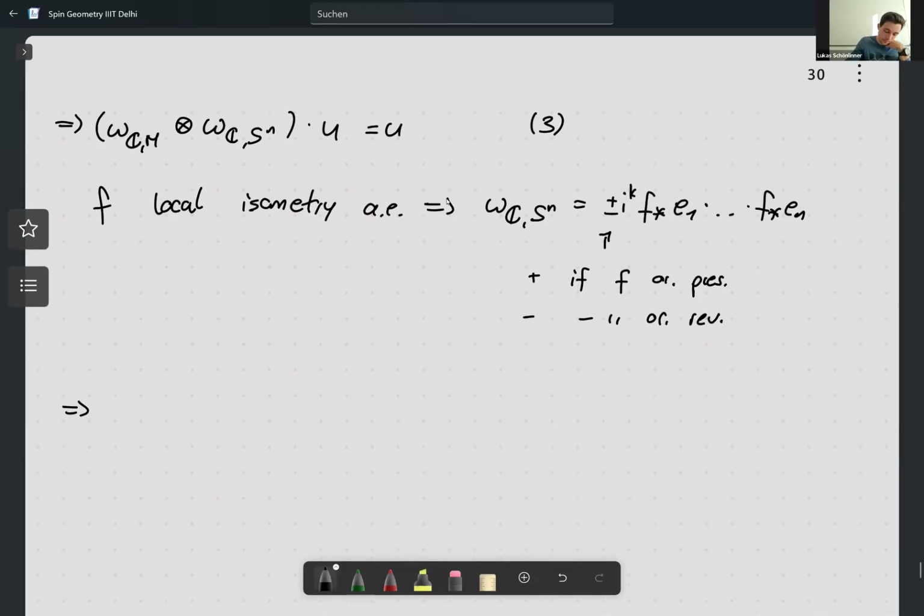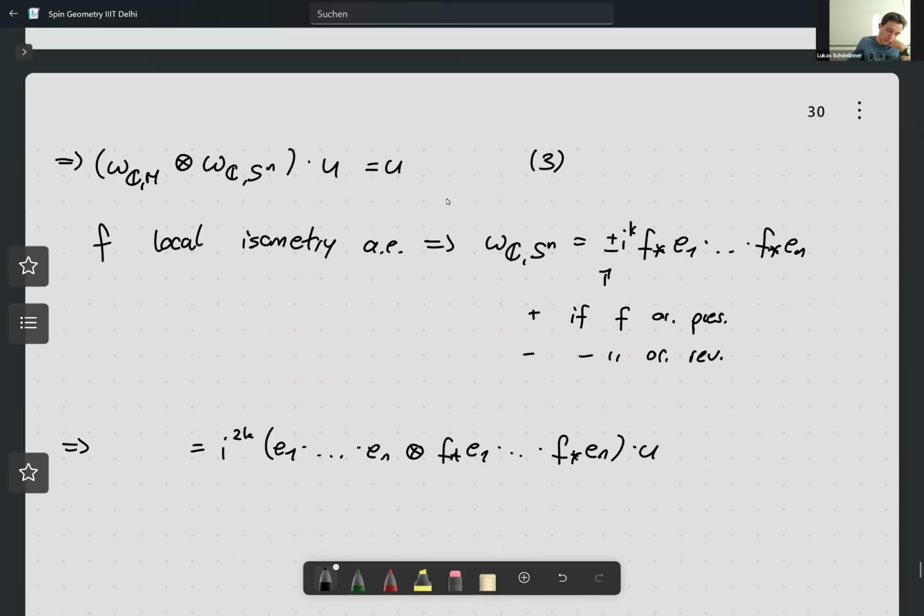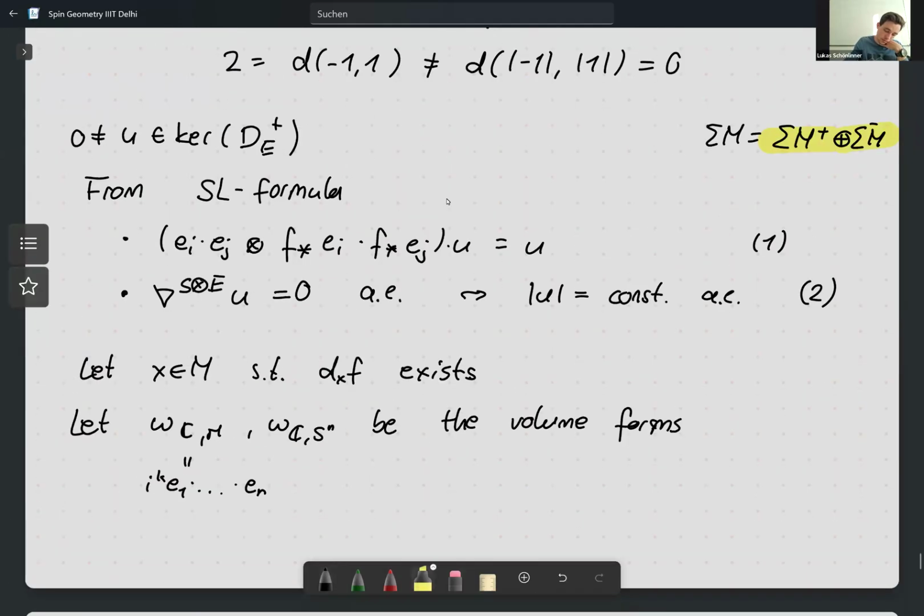So from this we get that i to the 2k, e_1 to e_n tensor f^* e_1 up to f^* e_n, applied to u. From part 3 we know that this is plus or minus u, depending on whether f is orientation preserving or reversing. On the other side, we can apply this first property.